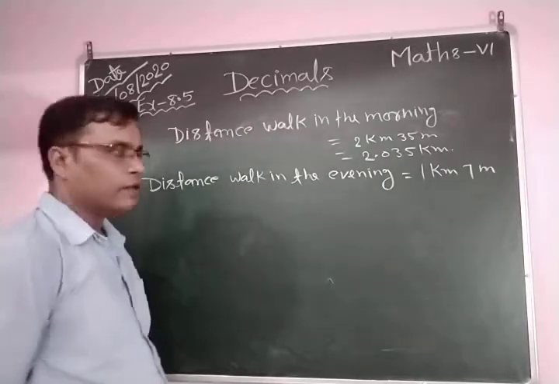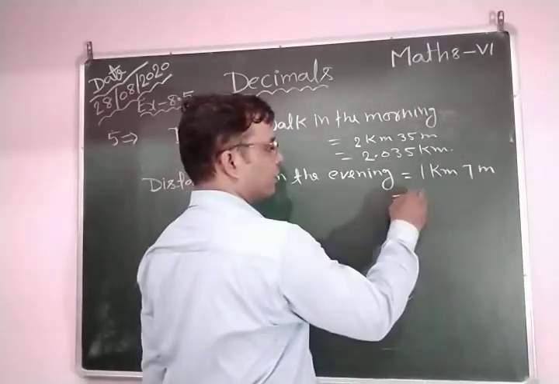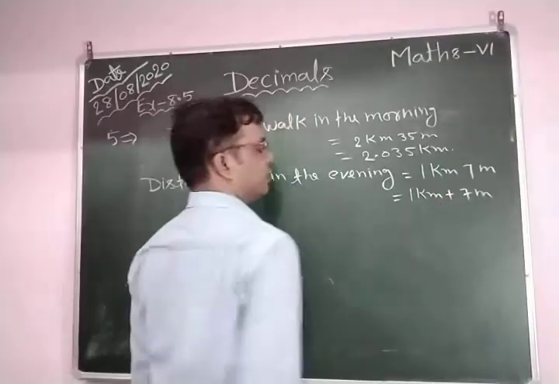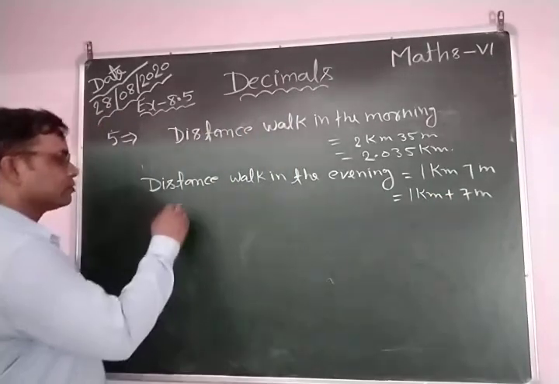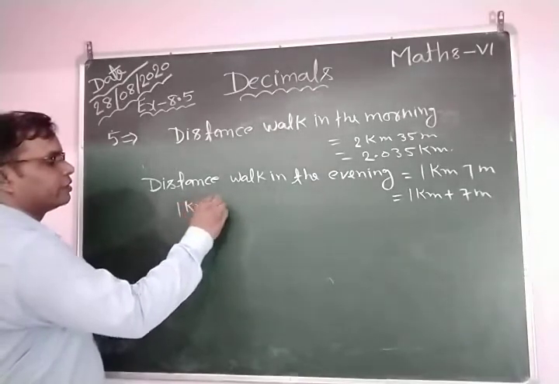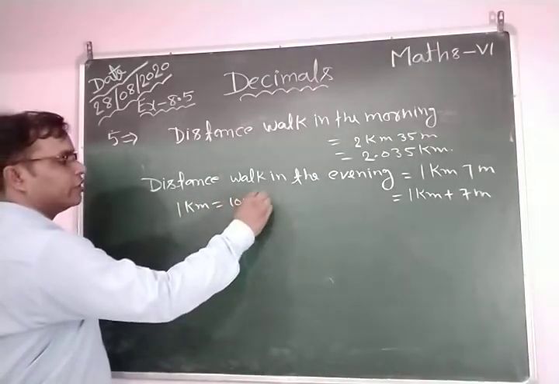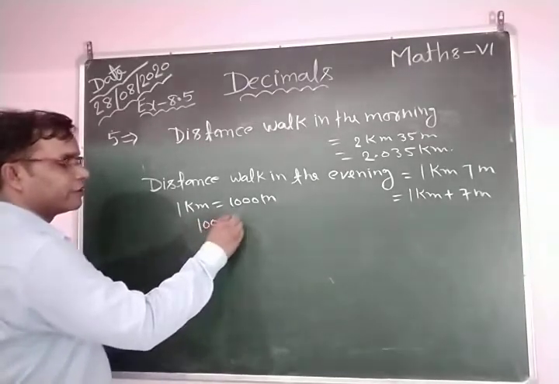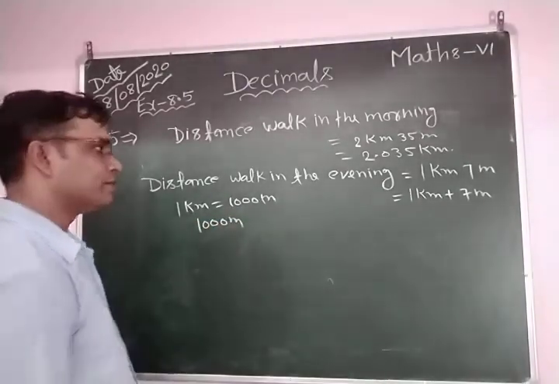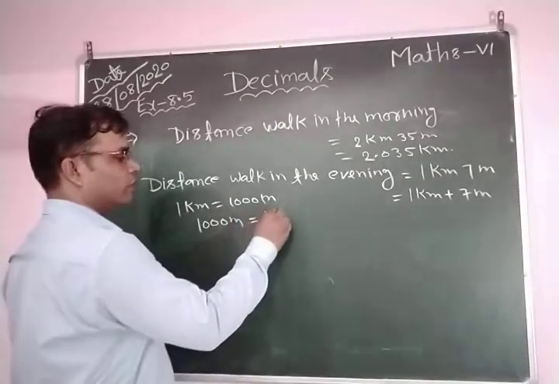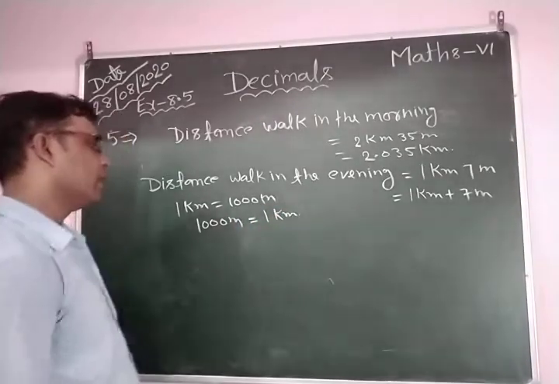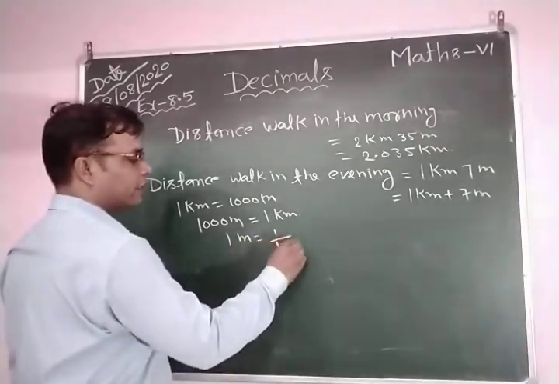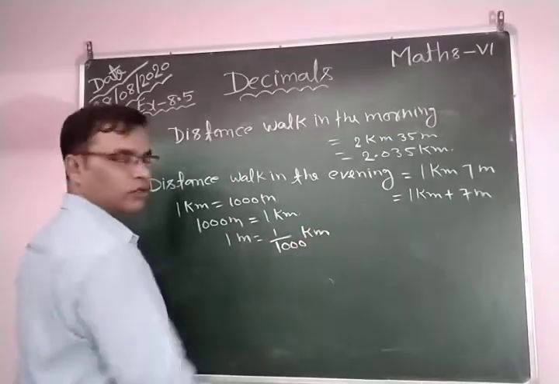So again we are going to convert this. This is 1 kilometer, and this is 7 meters. Now we know that 1 kilometer is equal to 1000 meter, or simply 1 meter is equal to 1 by 1000 kilometers.